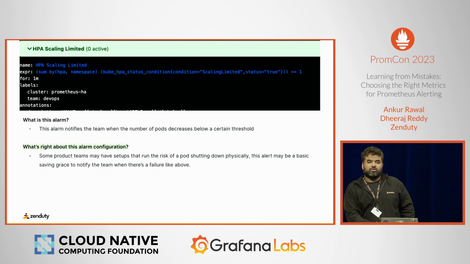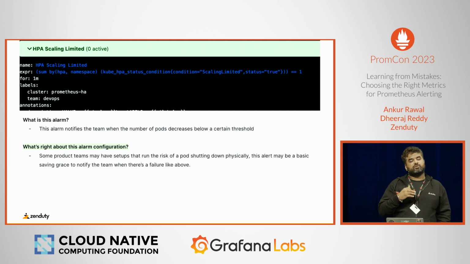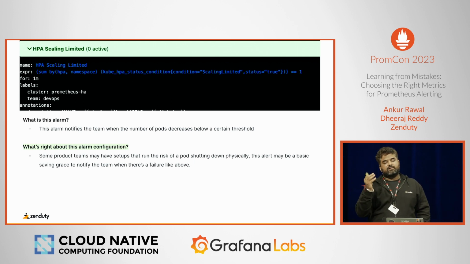You would want to keep track of when you're hitting that minimum number. And when you set this alert with desired capacity equal to the minimum number, you will get a lot of noise. So the ideal way would be to keep your desired capacity slightly higher than your minimum number, but keep track of your replicas hitting the minimum number.